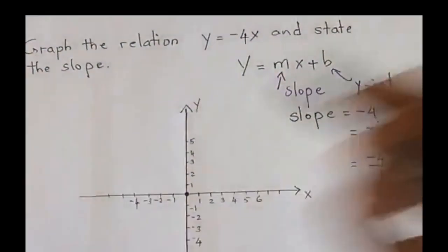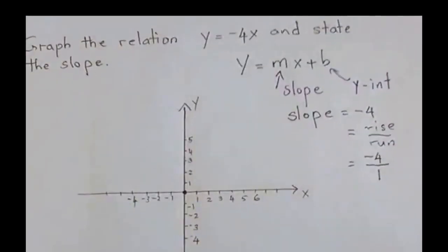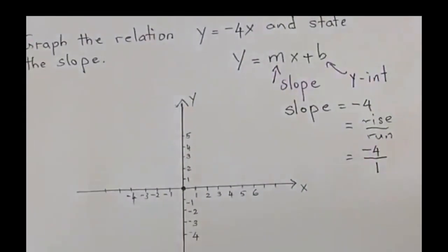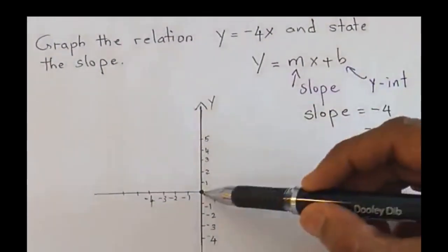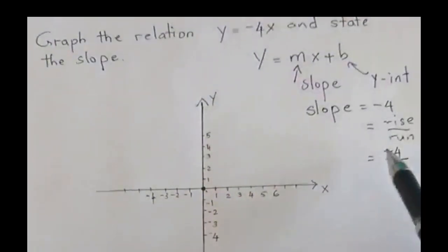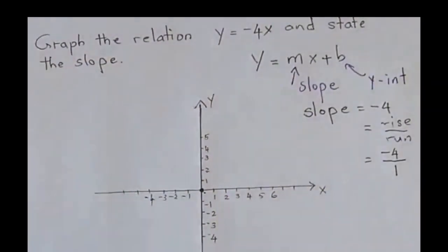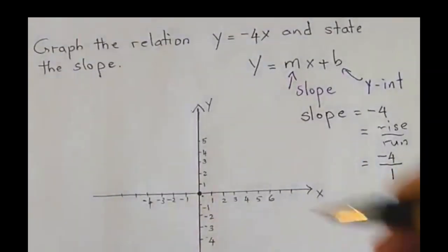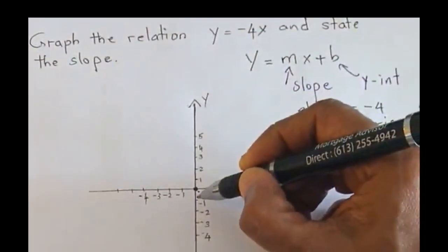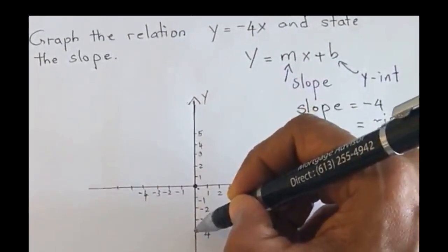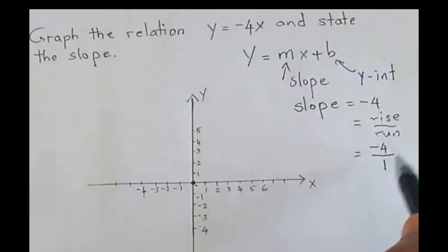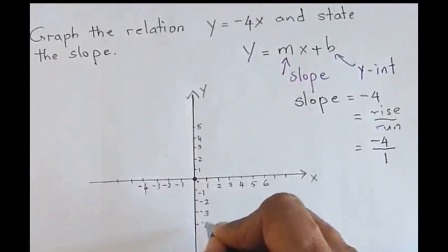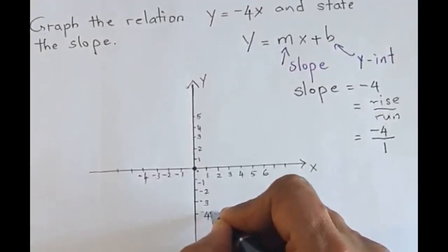Let's apply that to find another point on the graph so that we can connect those two to draw the line. That's the y-intercept, and now the rise is negative 4, so I have to move 4 units down: 1, 2, 3, 4. Okay, I moved 4 units down. Since the run is 1, I have to move across 1 point.